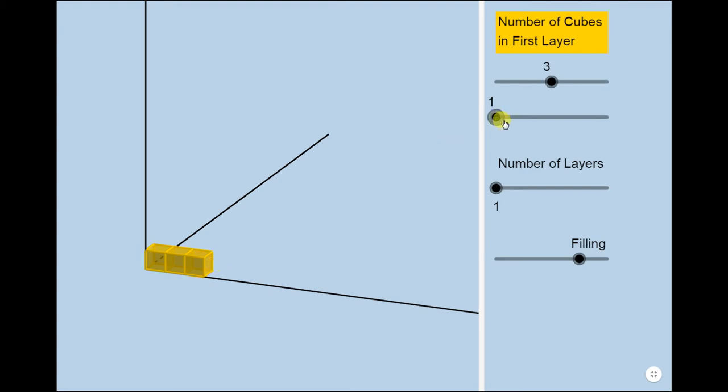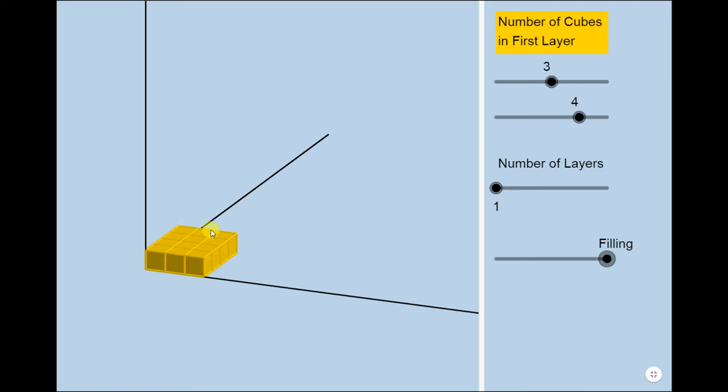If I add some more lines like this, you can again count how many cubes there are. Let me fill it properly so that you can make more sense of it. You can easily count now: 1, 2, 3 in one lane, 6, 9, and 12.